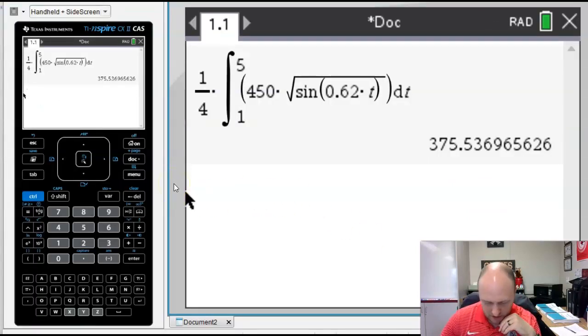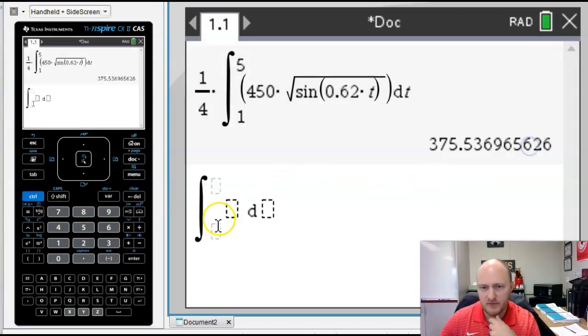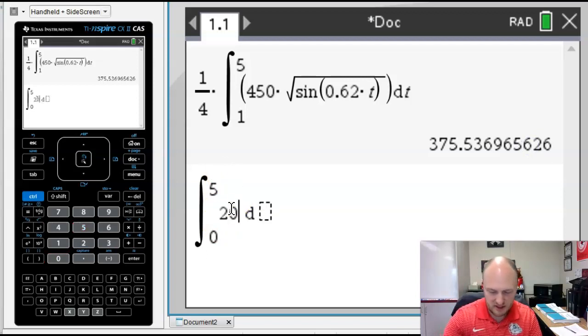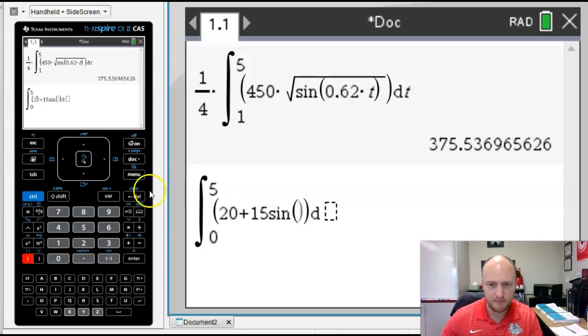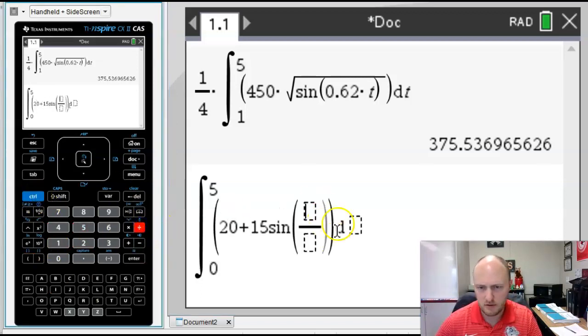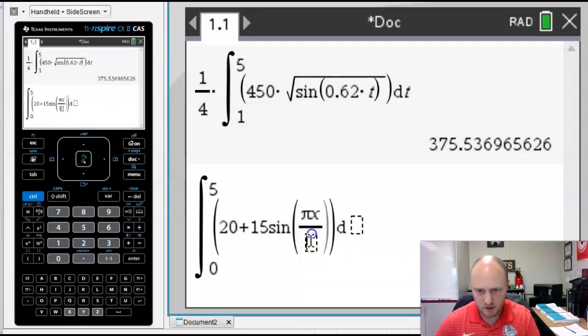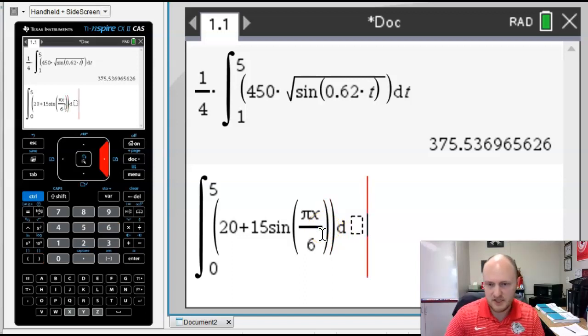Let's use our calculator, and we get an integral from 0 to 5 of E of t. And E of t is 20 plus 15 times sine of pi, I'll use a different variable, I'll use x now, dx.